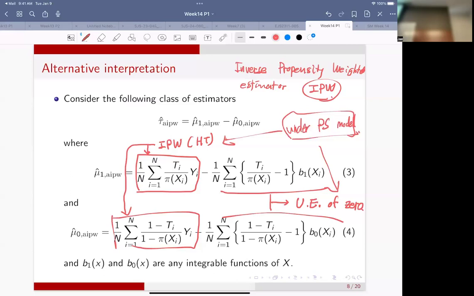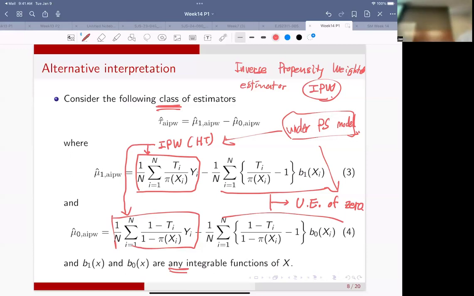But it turns out that this becomes a class. What do you mean by that? Class means a family, right? So we don't have a single element, because we can choose different b functions to create a different estimator. So it's actually a set, and the set has an infinite number of elements, because you can choose any integrable function. So it's a huge set, right? Okay. And then what's next?